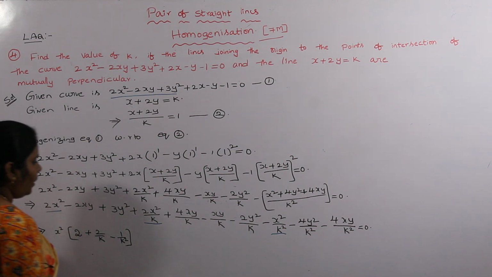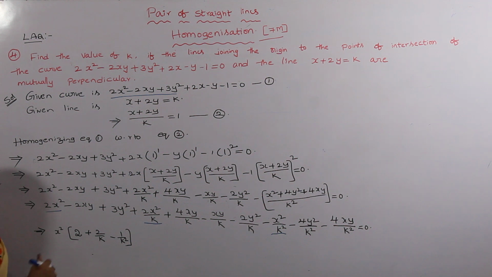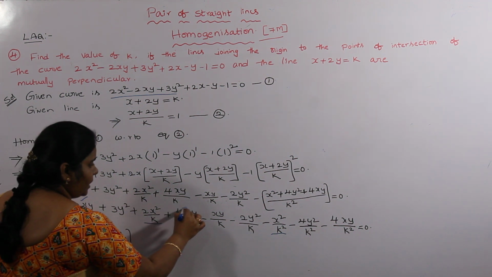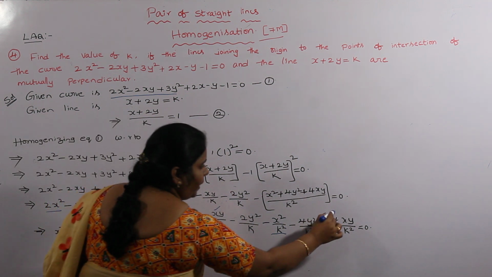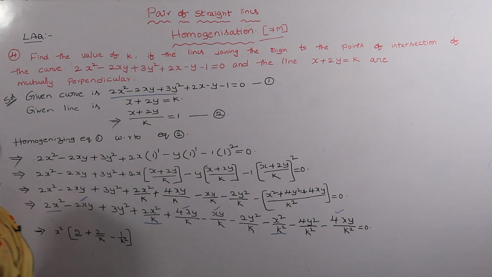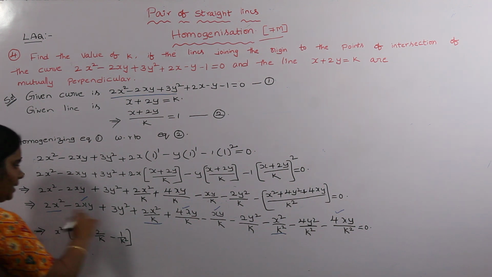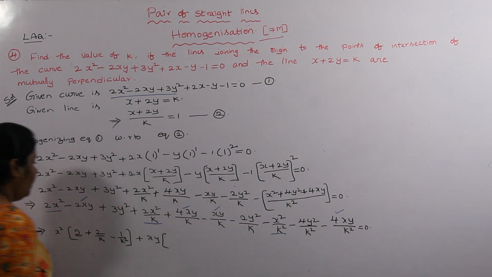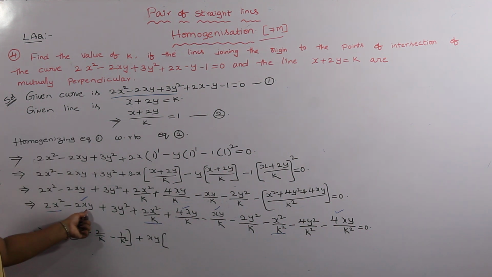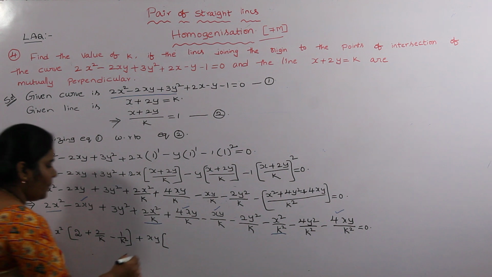Next, the xy terms. This is the xy term. Here we have an xy term, and in the last we have one more xy term. From these take xy common. That implies xy times: here the xy coefficient is minus 2.